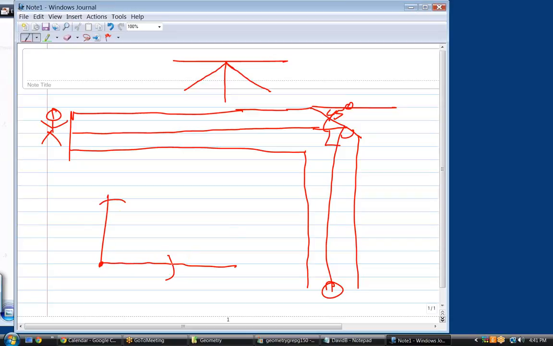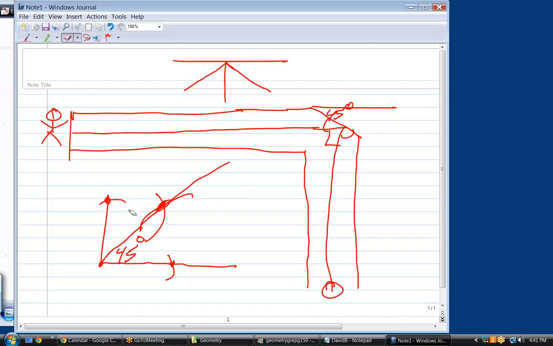Now put the needle there and draw an arc, and put the needle there and draw an arc, and this point bisects. There's your 45-degree angle. Okay? So that's the way you do it if you had a compass.